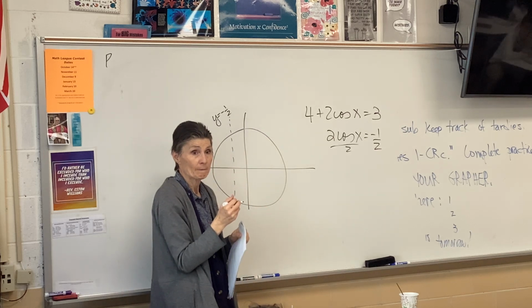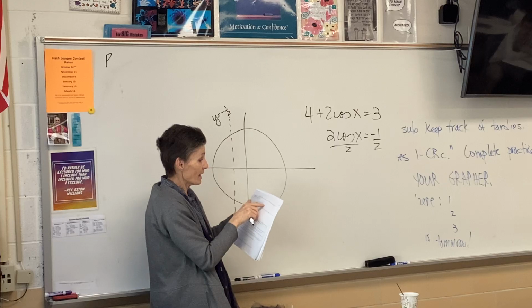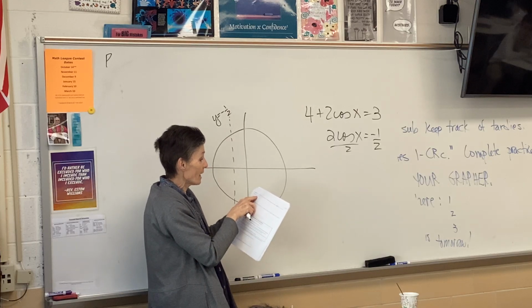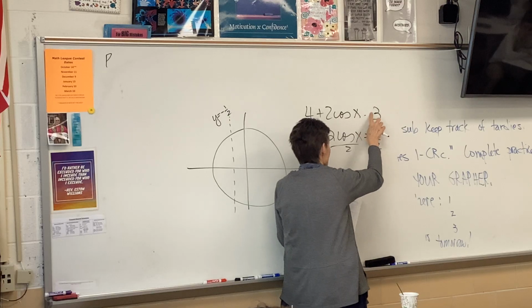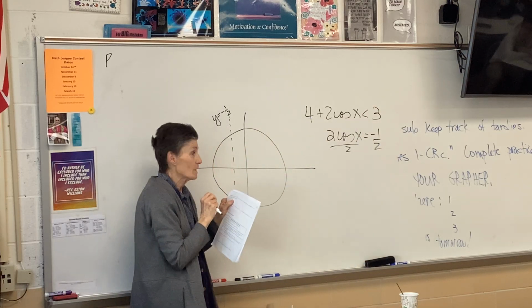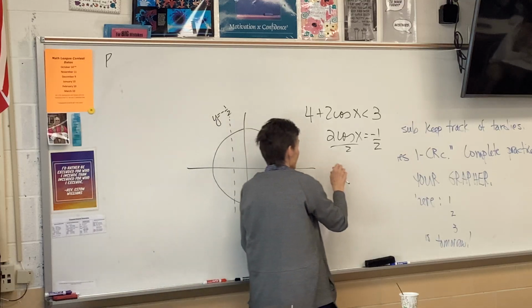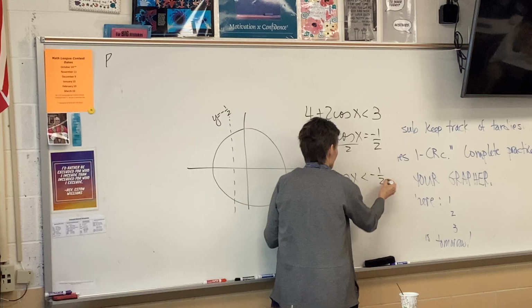Would you agree? Now, somewhere in all that, though, I missed something, and that is I want F to be less than G. So this is really cosine is less than -1/2.